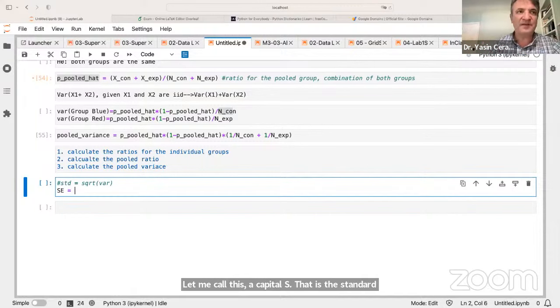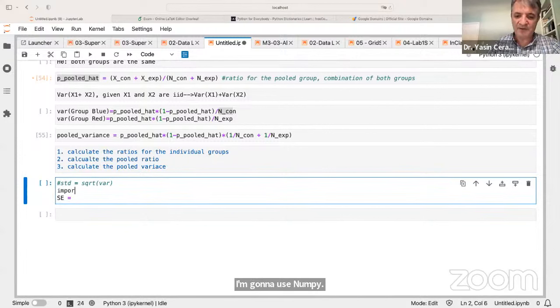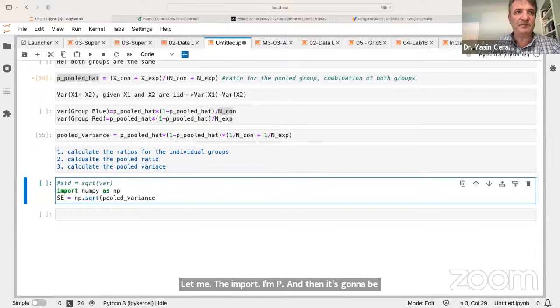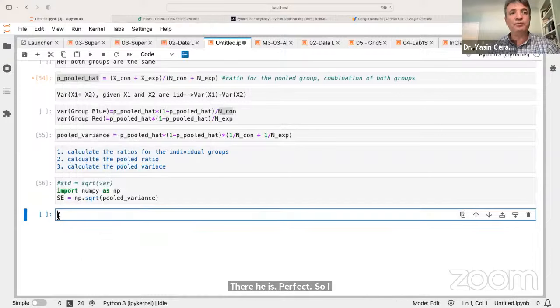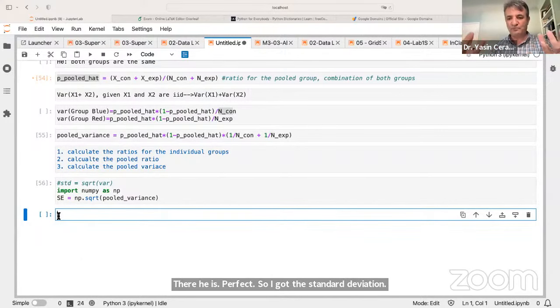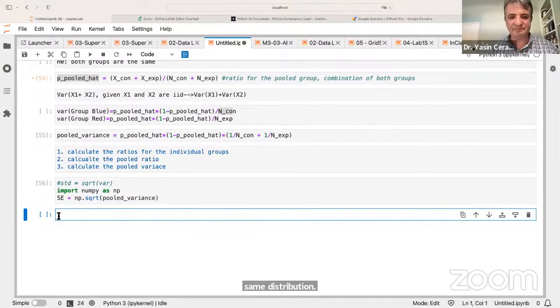For that, I'm going to use NumPy. Let me import NumPy as np. And then it's going to be np.sqrt of pooled variance. Perfect. So I got the standard deviation for the pooled group, which is composed of both blue and red. The assumption is that they are both coming from the same distribution. I hope up to this point things are very clear.